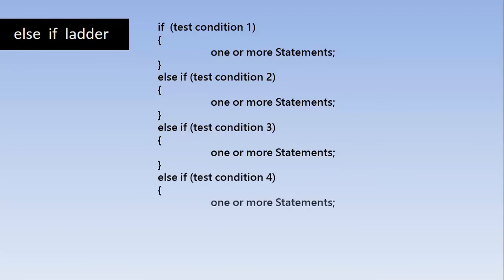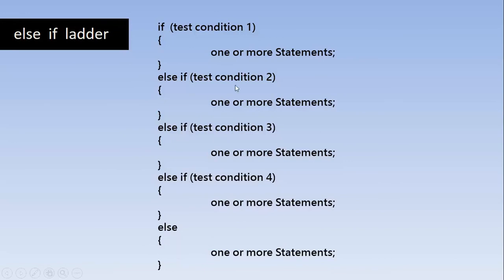So else if test condition number 4, up to n, and at last we are going to have the else block, which will definitely be executed when all the above if and else if conditions are false. Right? Else is like a default block. It is definitely executed when all the above conditions evaluate to false.